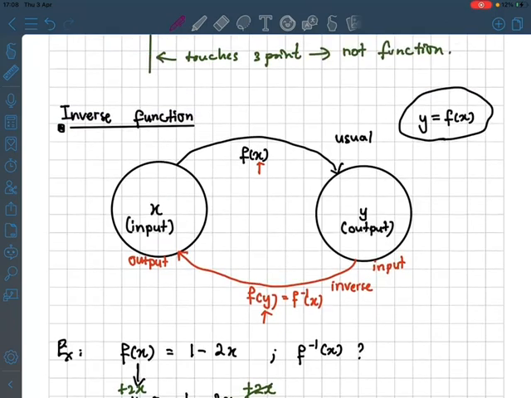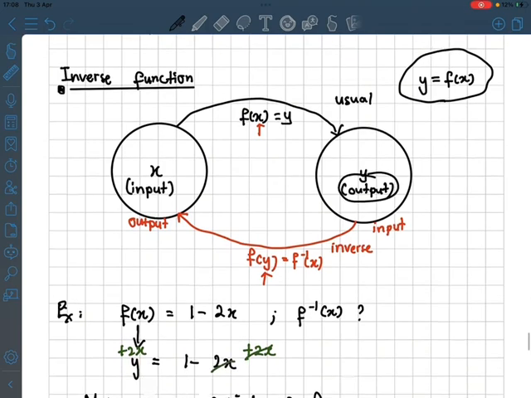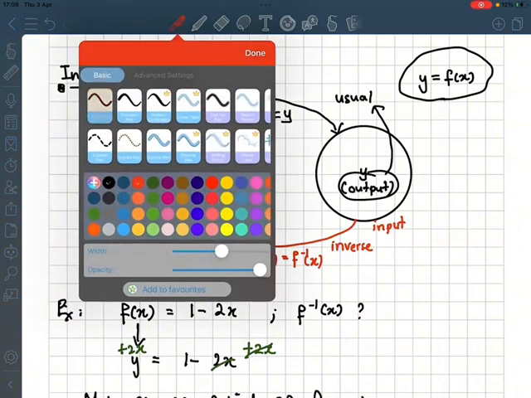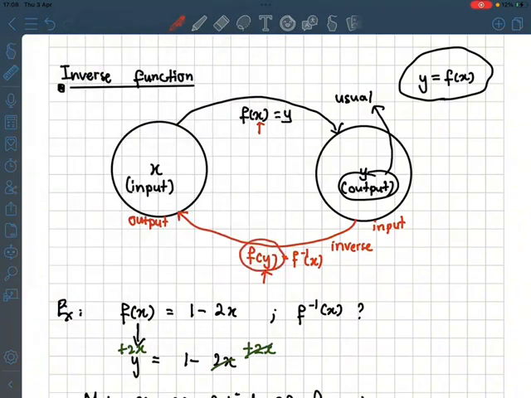Remember, we can make an analogy here. Just now I said that f of x is basically our y, because f of x is the output for the usual function. Now we have f of y, which corresponds to the inverse function, and the output for the inverse is basically x.